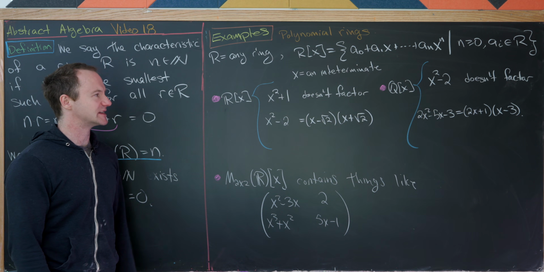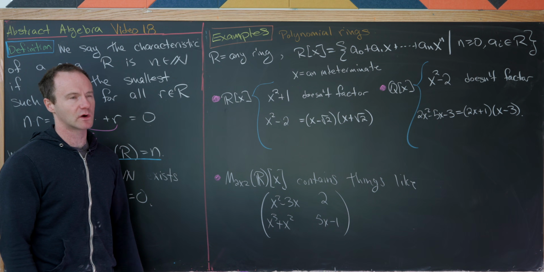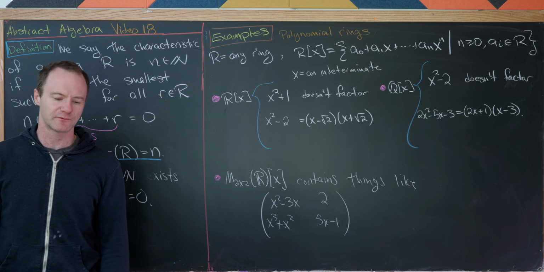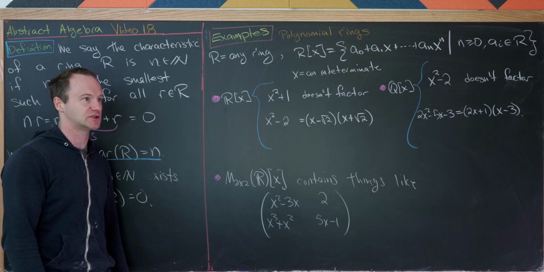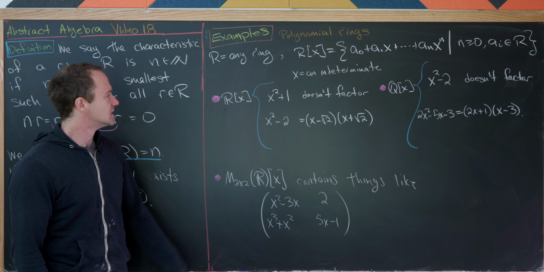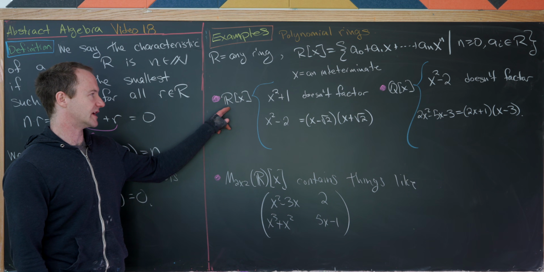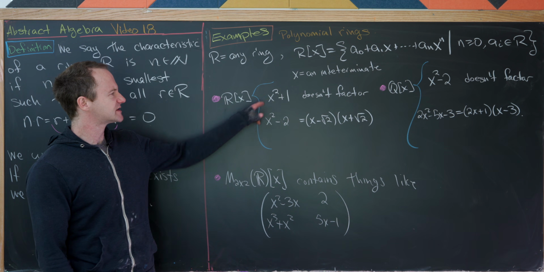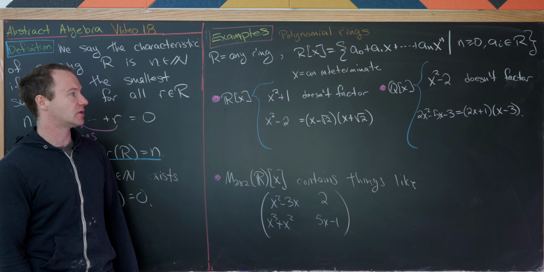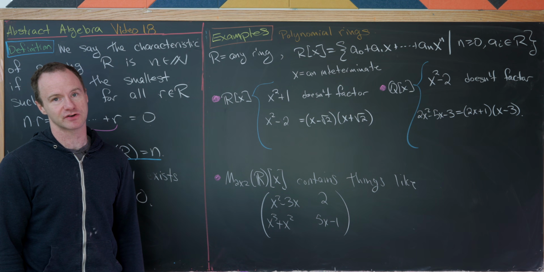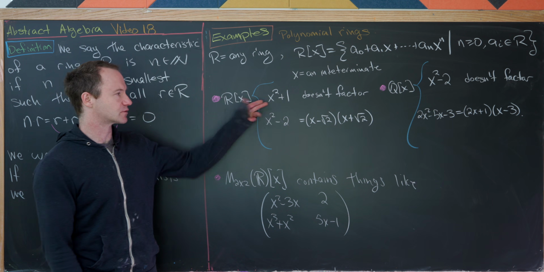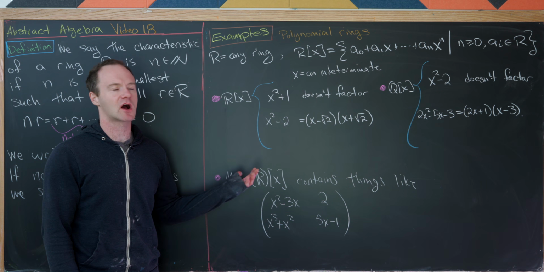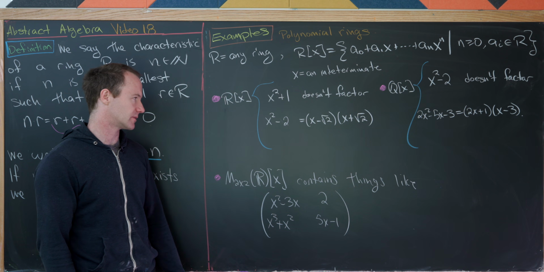So let's look at some examples of what can go in and what are some interesting types of questions here before we move on and tie this back to integral domains. Let's look at R adjoin x. Those are polynomials with real coefficients. Notice something like x squared plus 1 does not factor here. That's because its roots are plus and minus i, which are complex numbers, non-real numbers.